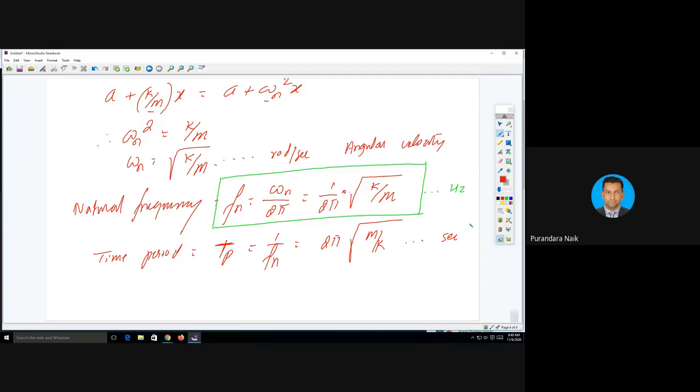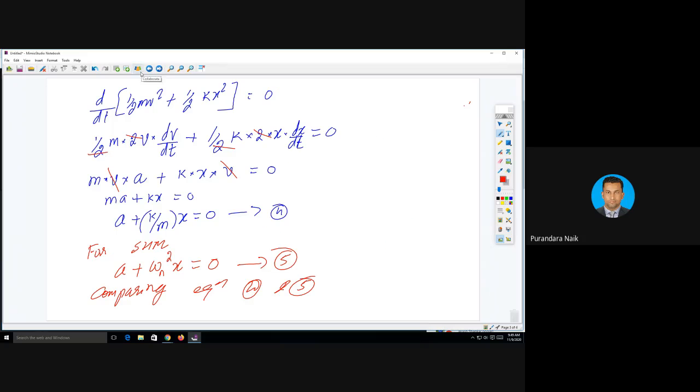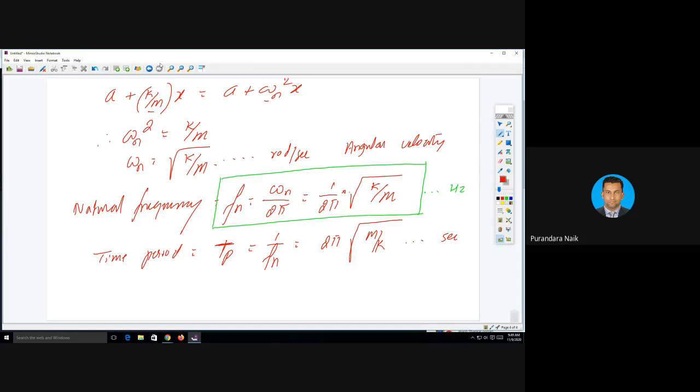The energy method is very simple, but the difficulty is in the potential energy. While writing the equation of potential energy, you need to draw the graph of spring force versus deflection and take the area under the curve, that is half into base into height.